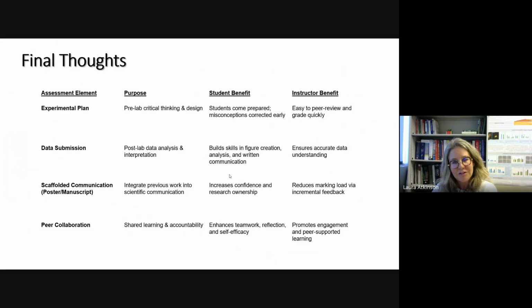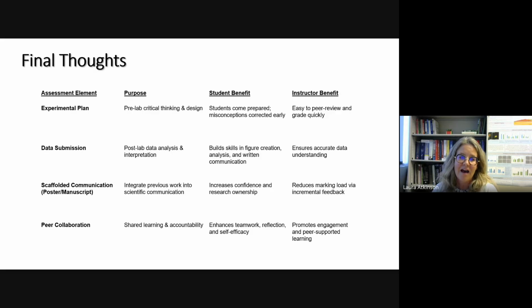Obviously, in real research, we base every experiment on the one before, and so building that in really forces them to think about that. And of course, for us, it makes marking the manuscripts a lot easier in the end if they've actually done all that data analysis correctly. And then we can do that scaffolded communication with a poster or a manuscript.